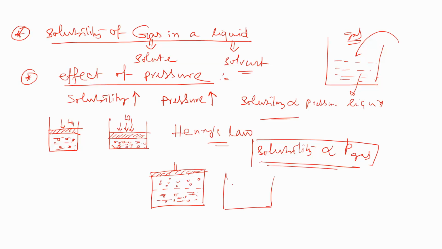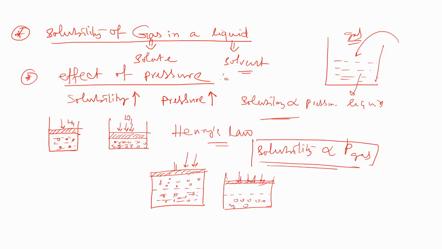But now I am creating a pressure from the outside. When I give pressure on the piston, what will happen? A large number of the gaseous molecules will become soluble in the liquid.